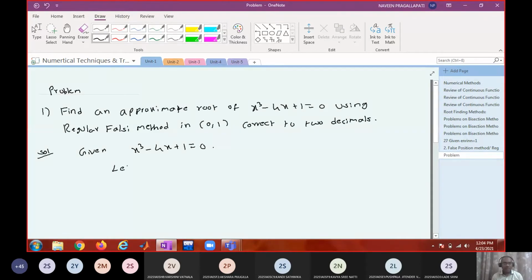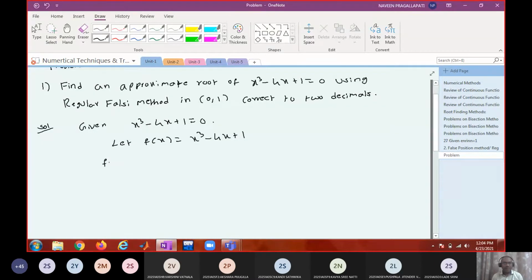Assume f of x equal to x cube minus 4x plus 1. f of 0 is 1, positive. And f of 1 is 1 plus 1, 2, 2 minus 4, minus 2.